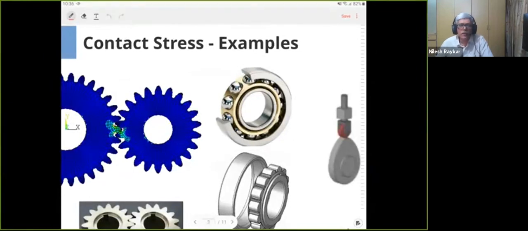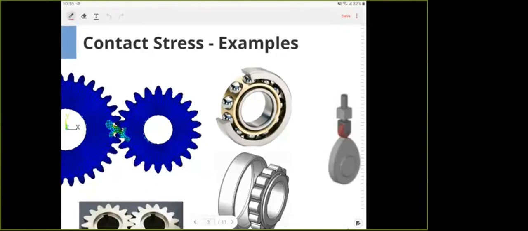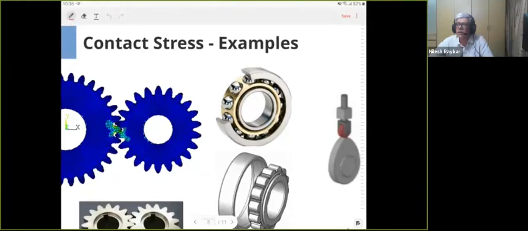In this course, we are considering the most commonly occurring geometric shapes, that is cylinder to cylinder, and another is sphere to sphere. And we have also seen how cylinder to cylinder or sphere to sphere can be approximated or converted into a cylinder to flat surface or sphere to flat surface situation.